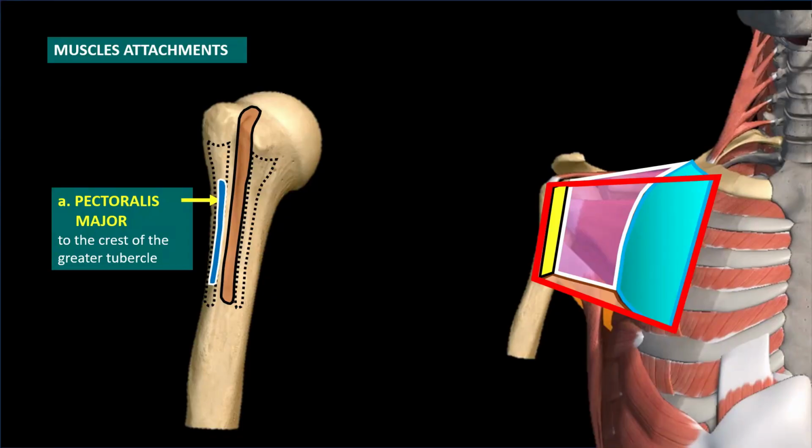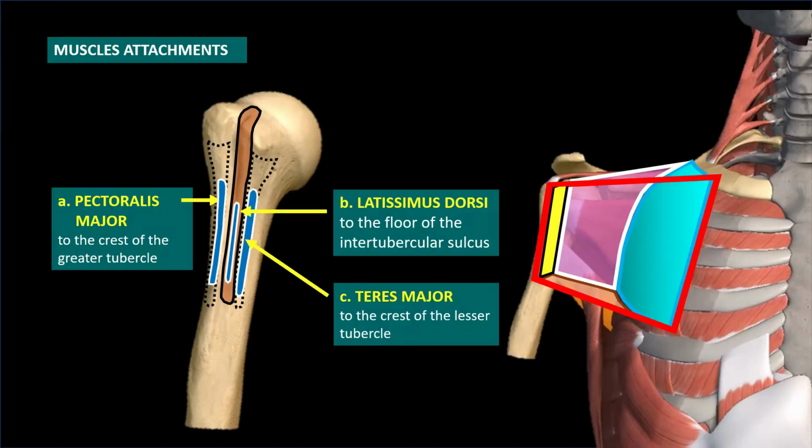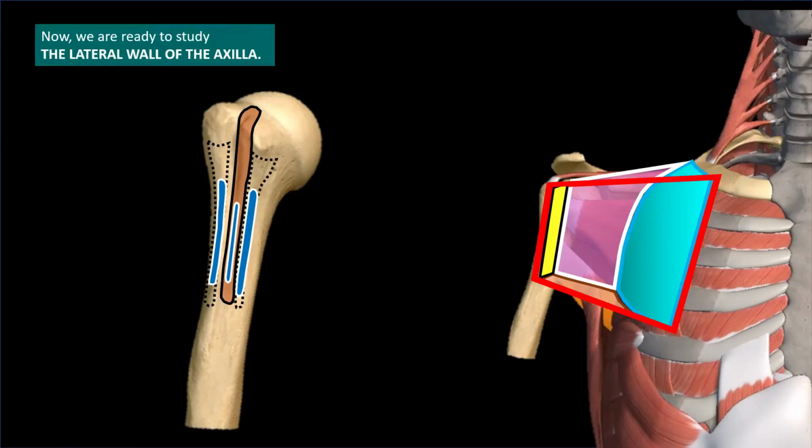Muscle attachments. A. Pectoralis major to the crest of the greater tubercle. B. Latissimus dorsi to the floor of the intertubercular sulcus. C. Teres major to the crest of the lesser tubercle.